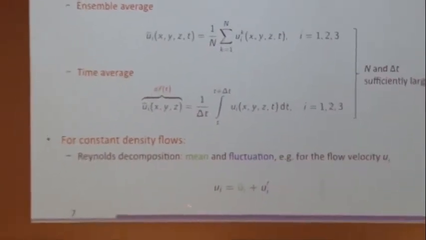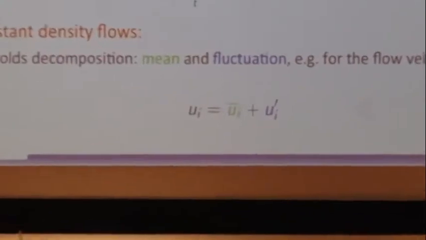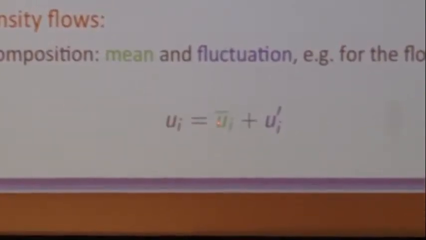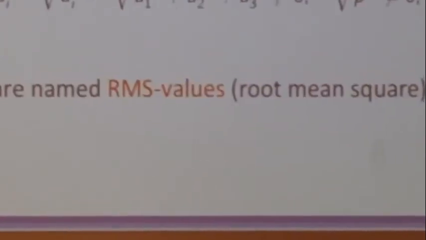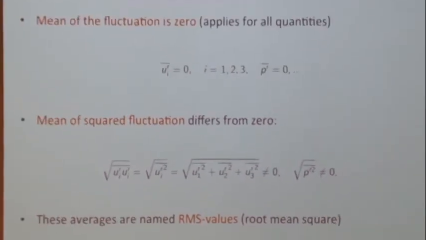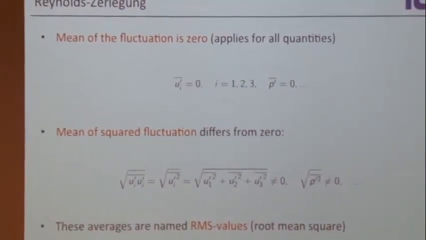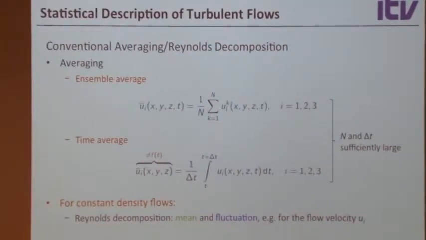That is called the Reynolds decomposition. You take the local instantaneous velocity signal and divide it into a mean and a fluctuation. You need to define the mean, and then the fluctuation is just given by the difference. As I just said, the average of the fluctuation is 0. You can easily try this out yourself by plugging the definition in here.